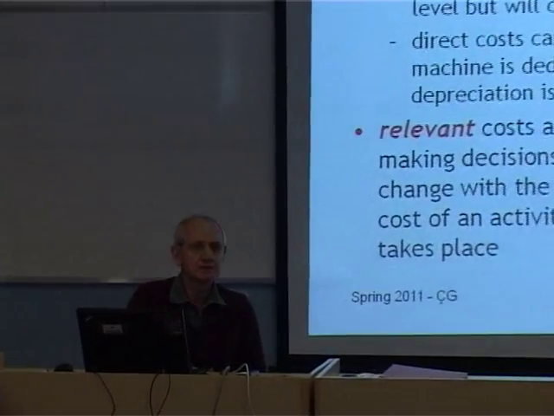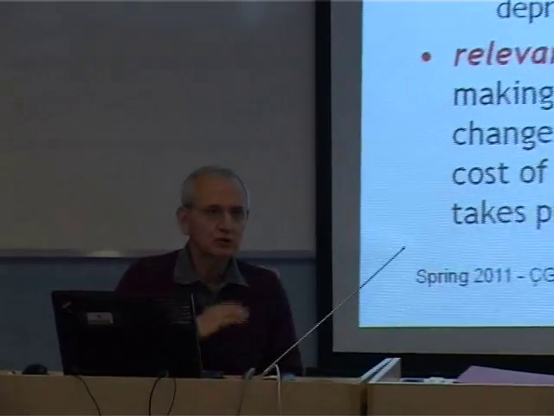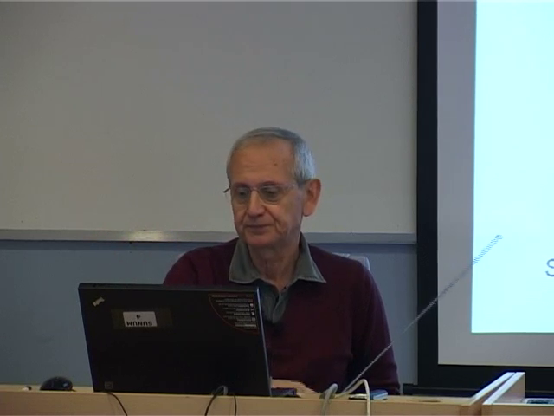When you make a decision, if a cost changes, then that is relevant. What is it relevant to? It is relevant to decision making. So this cost should appear in your mathematical models. It should have an effect on the decision that you take.